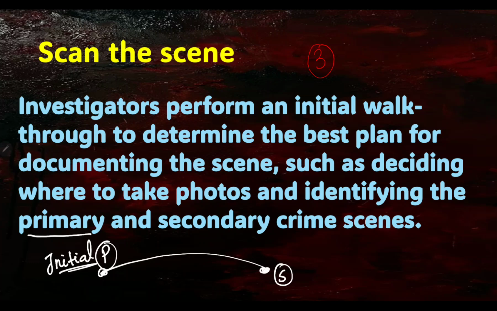But both involve only one crime. So that is known as primary and secondary. Scanning the scene is also very important because the investigator performs an initial walkthrough to determine the best plan for documenting the scene, such as deciding where to take photos and identifying the primary and secondary crime scenes. Hope you are understanding.